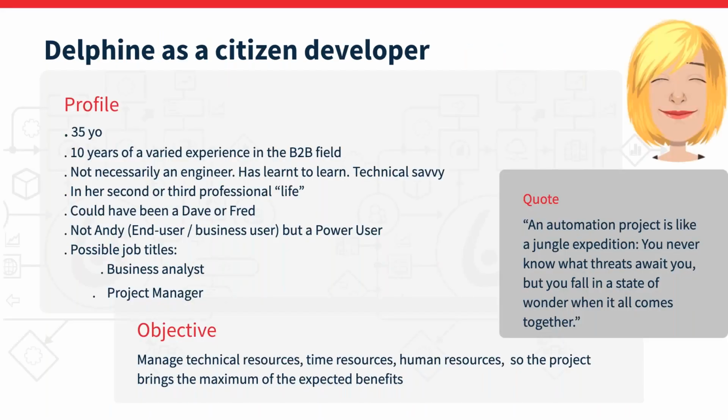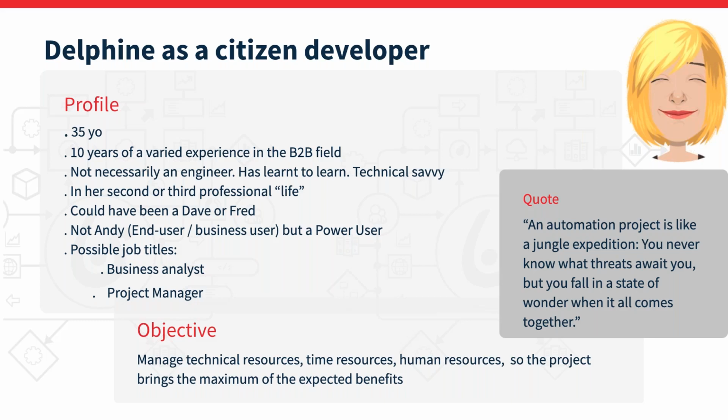And for example, here, Delphine, myself, I am a citizen developer. I have a lot of experience in the B2B field. I'm not an engineer at all, but I'm really interested in technology, in everything related to computing, IT, BPM, quality, and so on. I could have been a developer, but I'm not.